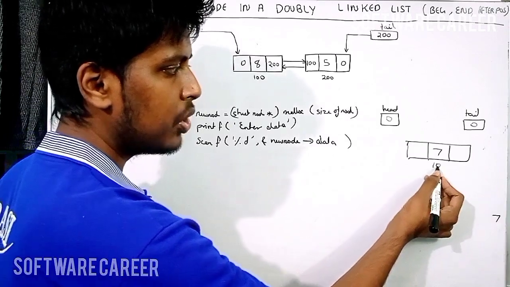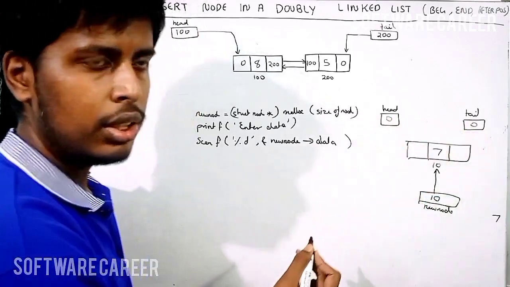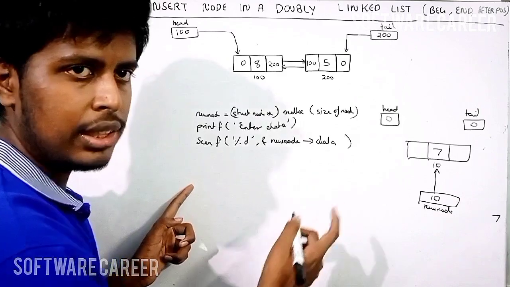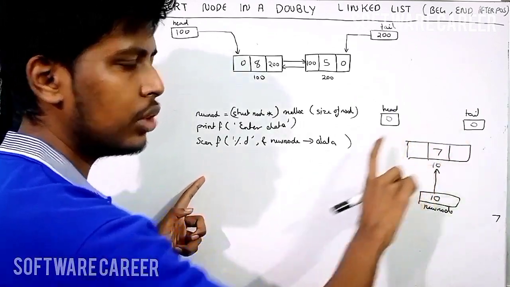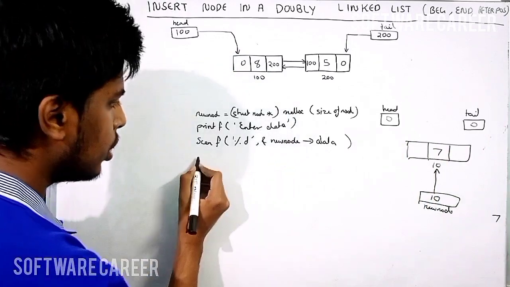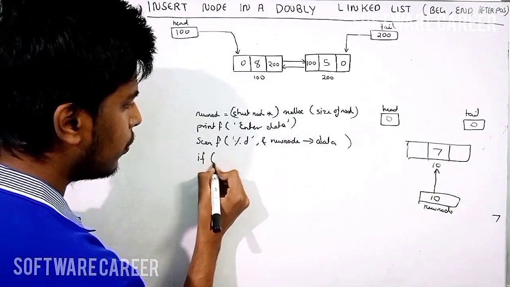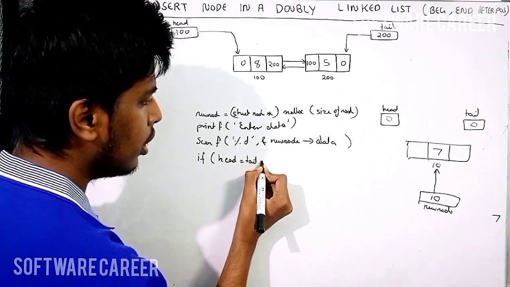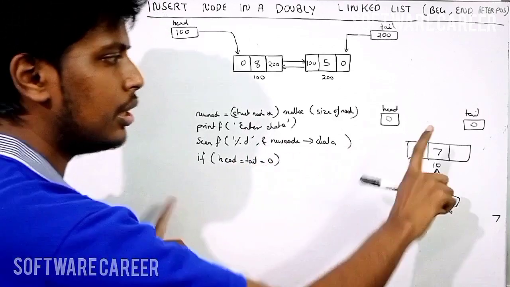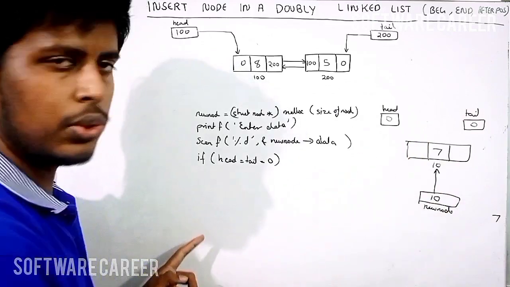Both are same, so 10 should be stored in head and tail. I want to write that condition. If head and tail is 0, that means the linked list is empty. So I am writing: if head equals tail equals 0, you can say the linked list is empty.